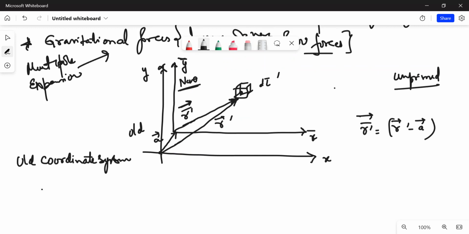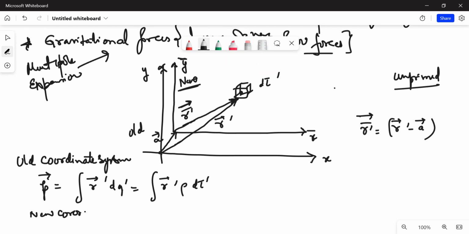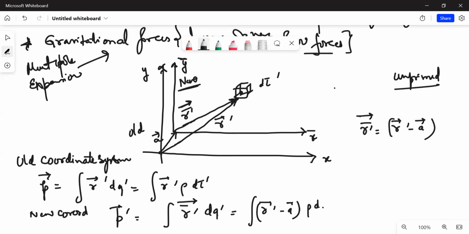Okay. In the old coordinate system, what can be my dipole moment? So my dipole moment can be written as p vector, which is integration r vector dash dq dash, which is equivalent to r vector dash rho d tau dash. Is that clear? Now in the new coordinate system, my p vector dash can be written as integration r bar vector dash dq dash, which is equivalent to r vector dash minus a vector, times rho d tau dash.